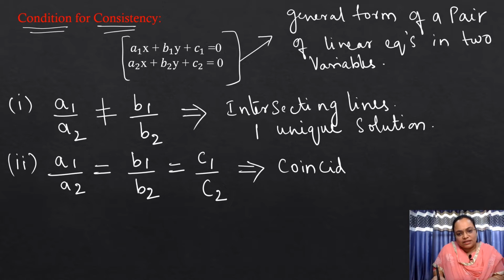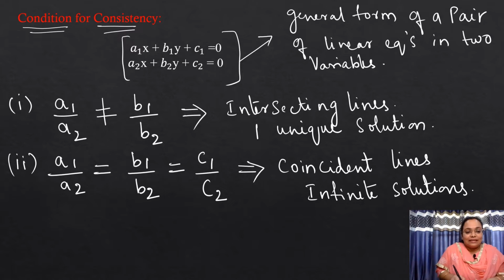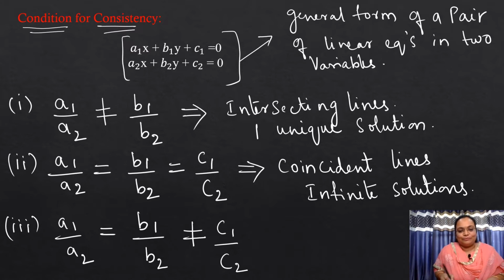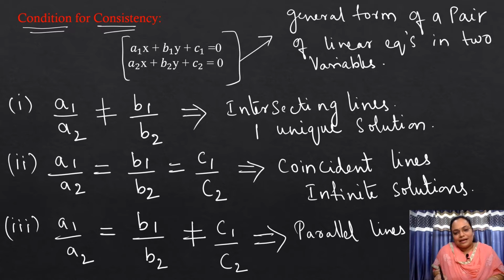Coincident lines have infinite solutions. So the third condition is a1 by a2 is equals to b1 by b2 but is not equals to c1 by c2. Okay. So this is the third condition, and this condition is for parallel lines. Parallel lines have no solution. Okay.